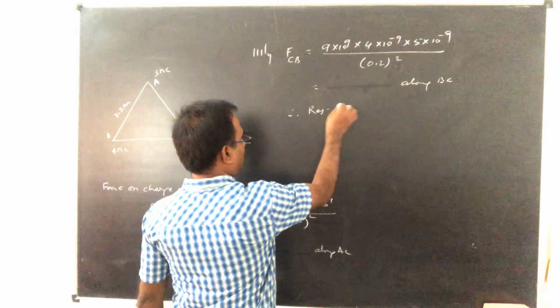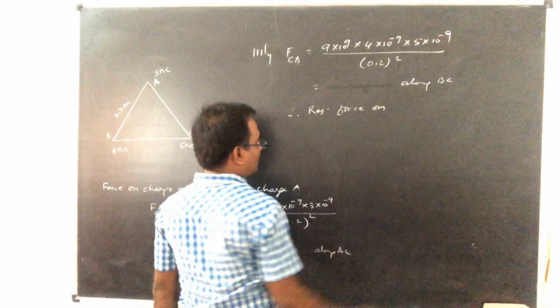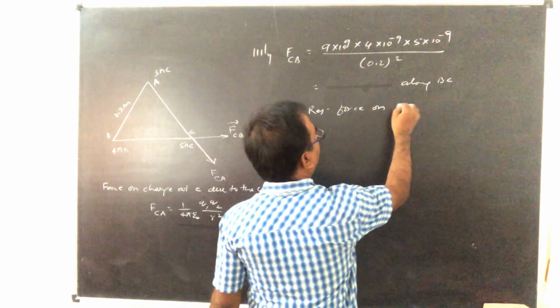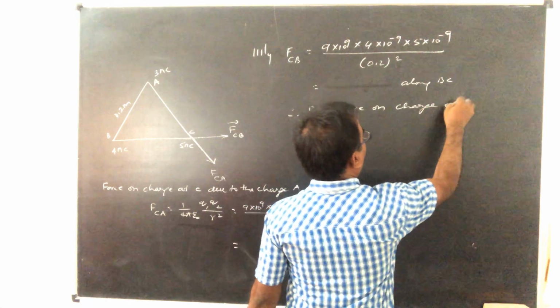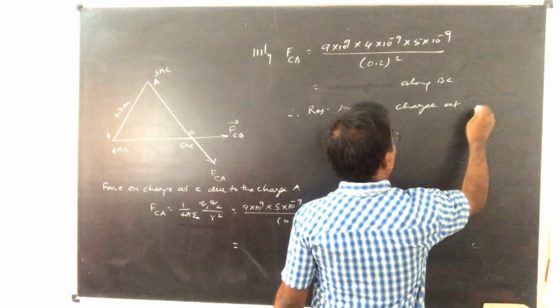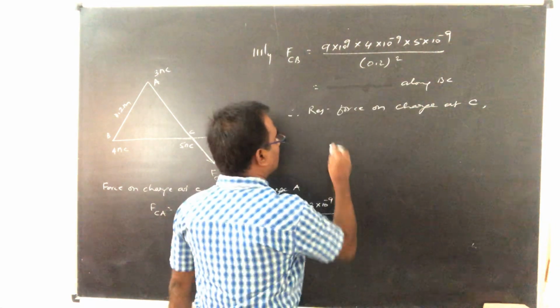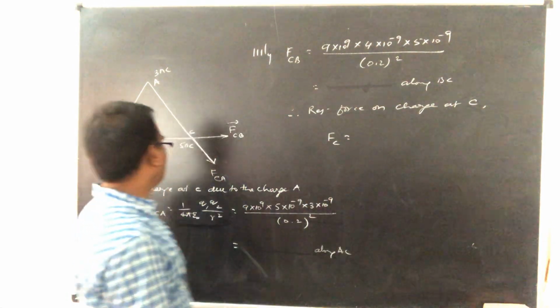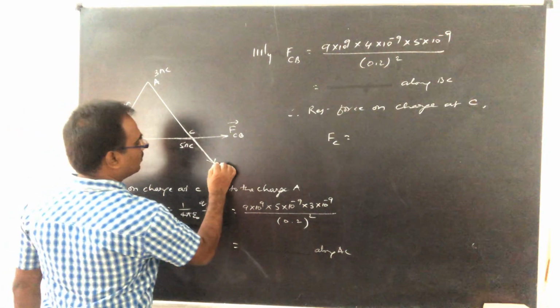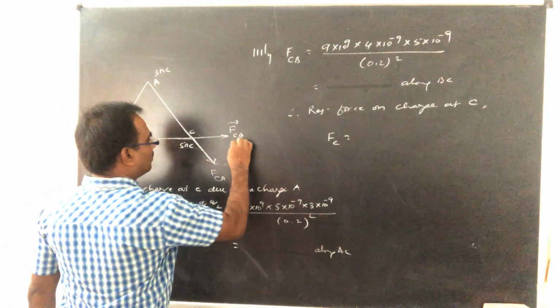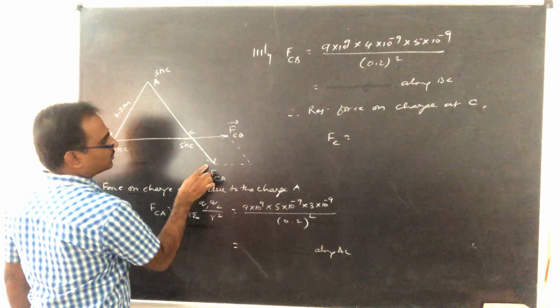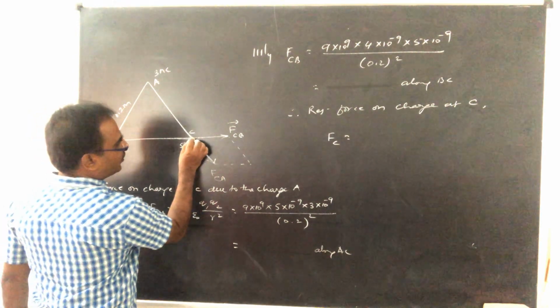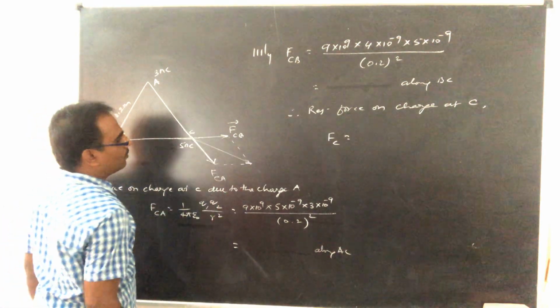Therefore, the resultant force on charge at C. This is given by the parallelogram law, because these are the two vectors. So their vector summation is given by the diagonal of this parallelogram.